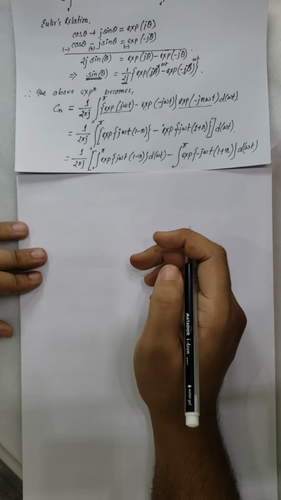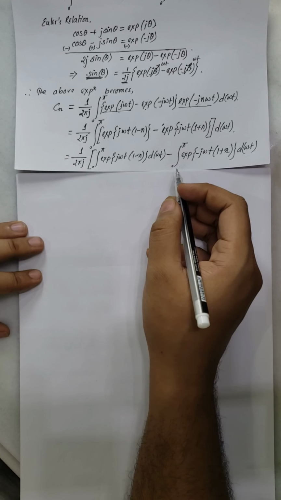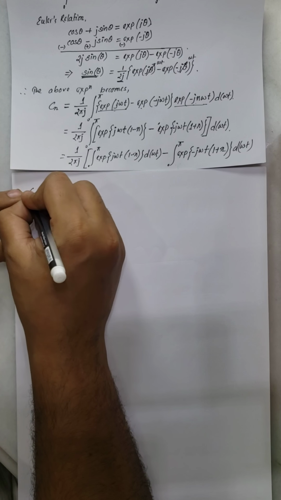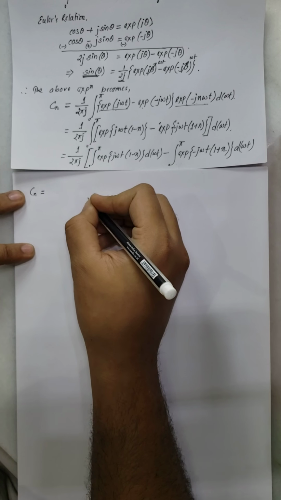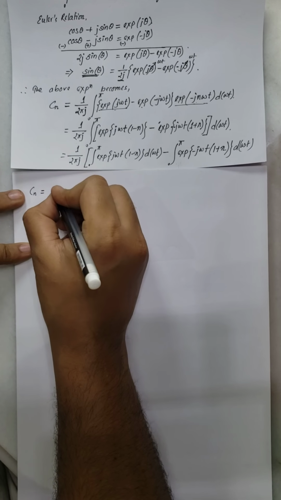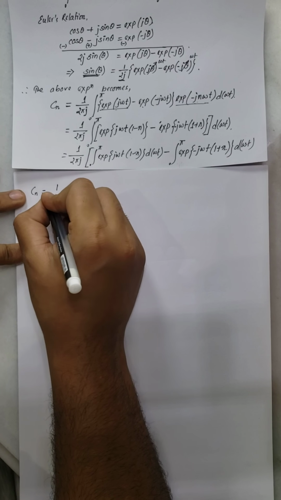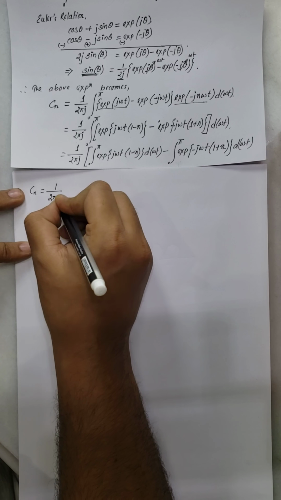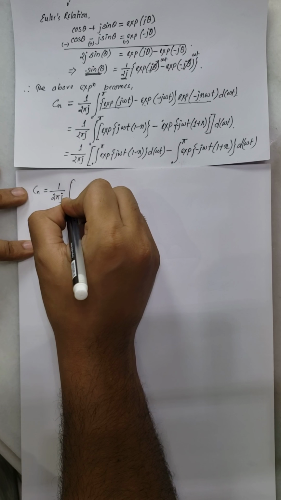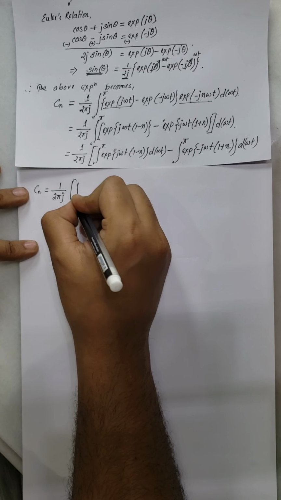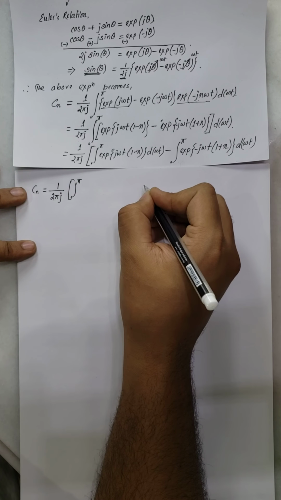Now, in order to solve these two integrals, we can write c of n becomes 1 over twice pi of j, which is a common factor for both the integrals.